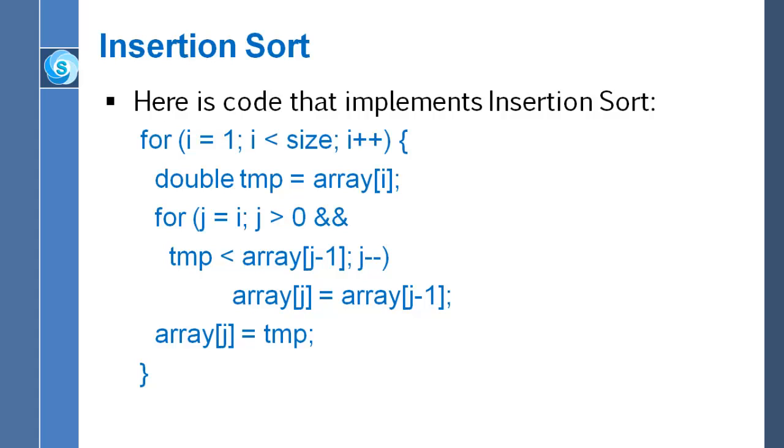Either eventually you bump into an element that is less than or equal to what's in temp, or j becomes 0. If either of those events occur, then that inner loop terminates, after which whatever is stored in temp, which of course is the original value of array bracket i, then gets copied into position j of the array.